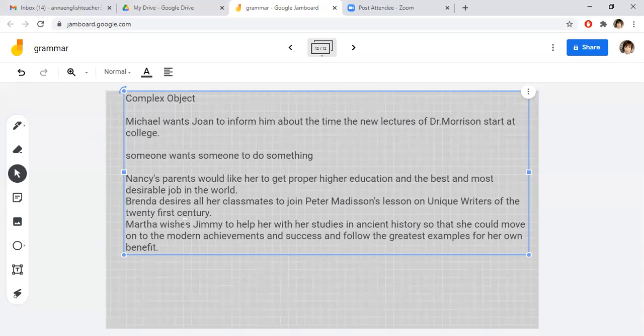Martha wishes Jimmy to help her. One and the same pattern all the time. I believe that these examples are pretty explicit and are completely enough for you to get it right and come up with your own examples and start using complex objects in your speech too.